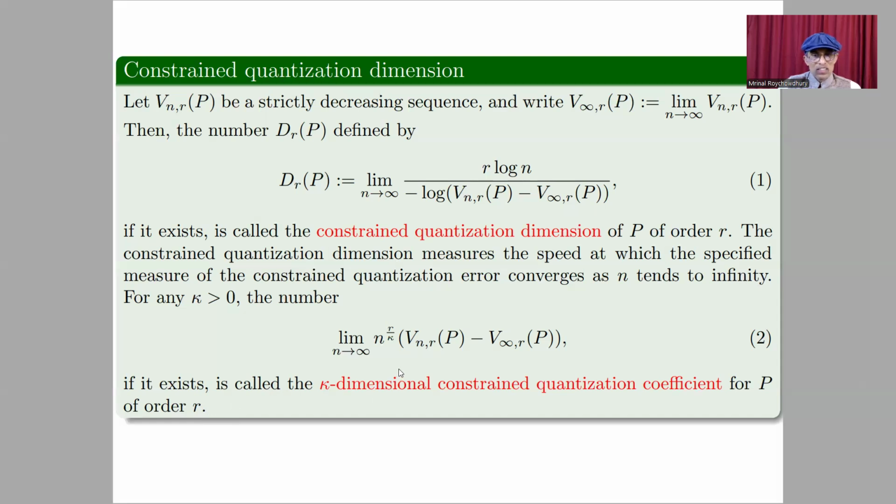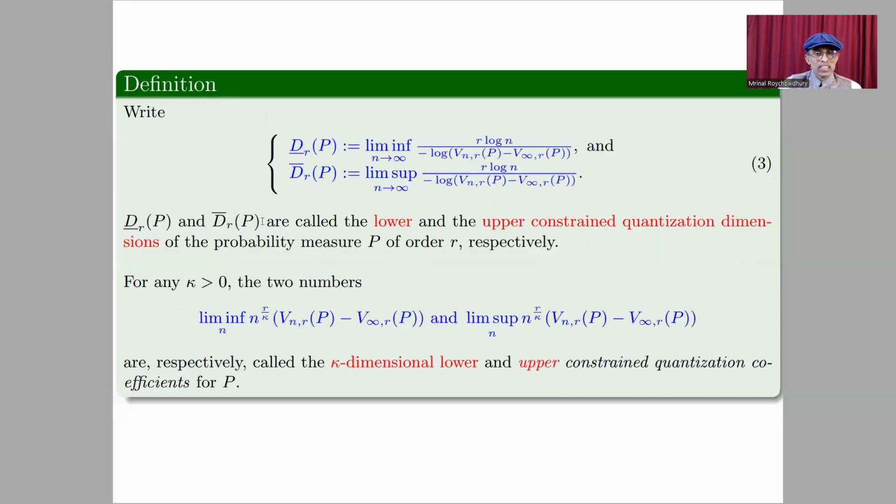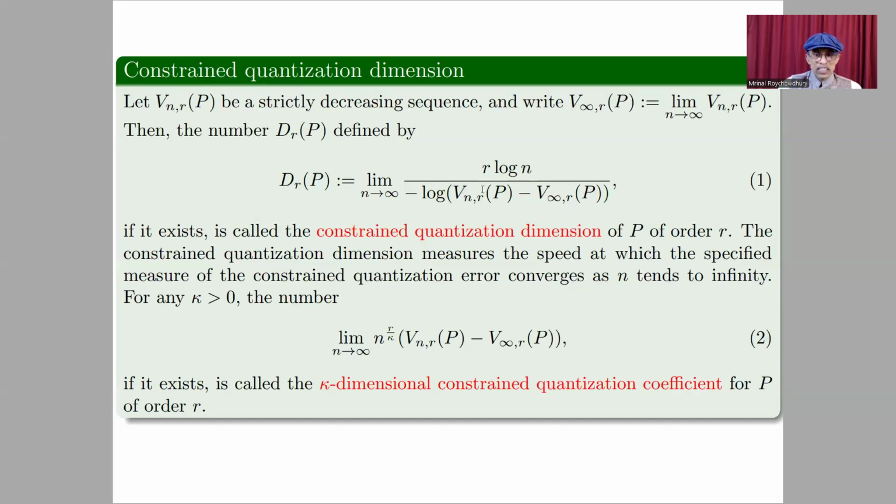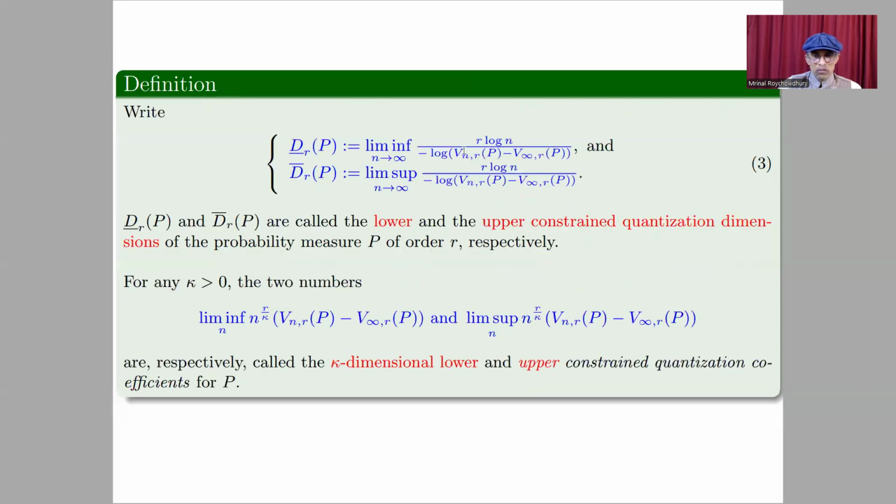Now, if you look at this expression, this limit may exist or may not exist. If it does not exist, then we define the limit infimum as the lower dimension and the limit supremum as the upper dimension, which are called the lower and the upper constrained quantization dimensions of the probability measure P of order r respectively.